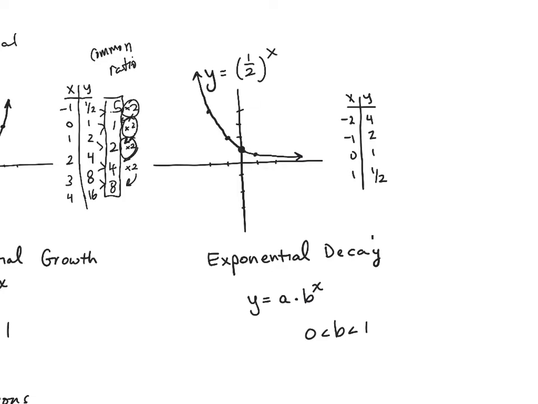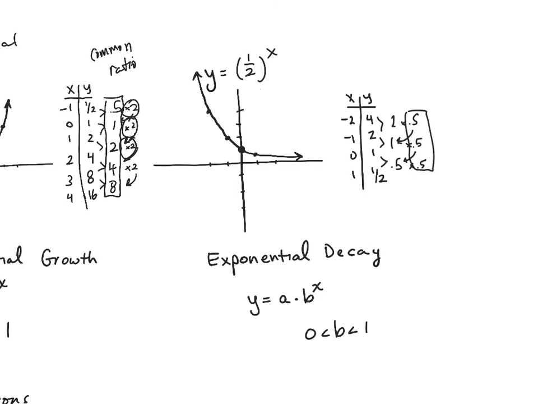Okay, and the pattern here with the base is if we look at the differences in the y values, here we have a difference of 2, here a difference of 1, here a difference of 0.5. So what's happening is we're multiplying by 0.5 every time to get to the next value. Multiply by 0.5 to get to this value, multiply by 0.5. 0.5 is the same as 1/2, and that's where we get this base of 1/2.